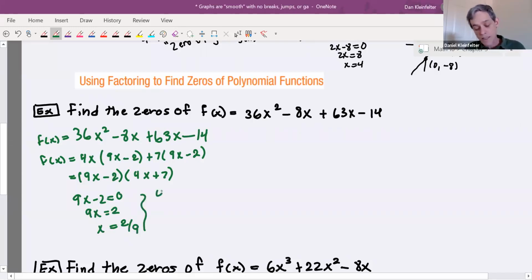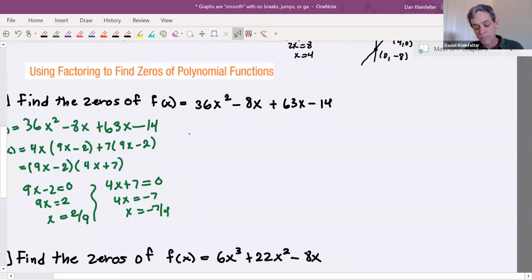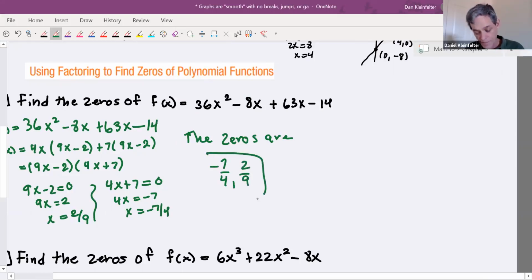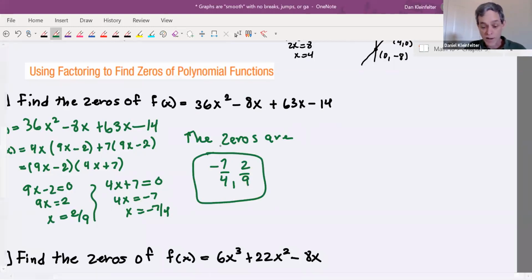For 4x plus 7, we'll set that equal to 0 also, so that x is -7/4. So the zeros are -7/4 and 2/9. Okay, knowing the factored form, we were able to figure out what the corresponding zeros are.